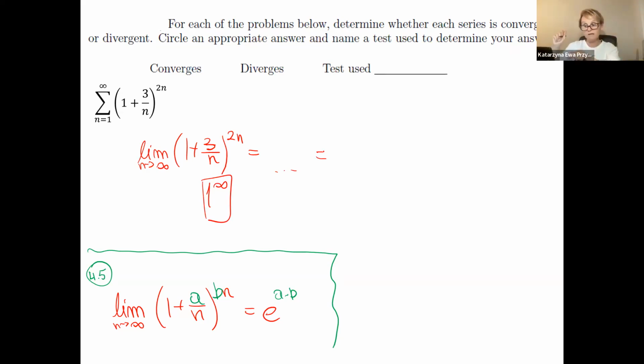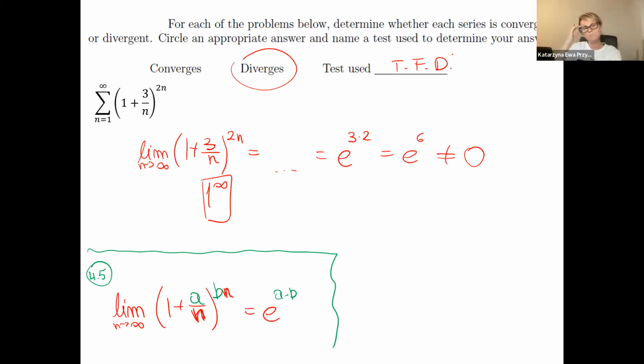But if you remember that limit, it will just save our time, so save our life. Okay, that's when this is e to the power of 6. E to the power of 6, different than 0, divergent, test for divergence, and term divergence test.